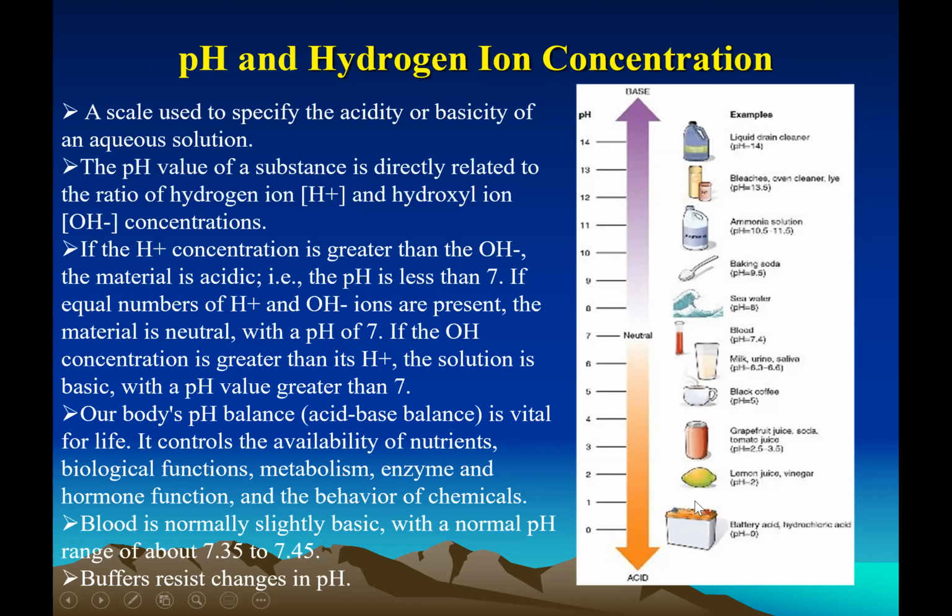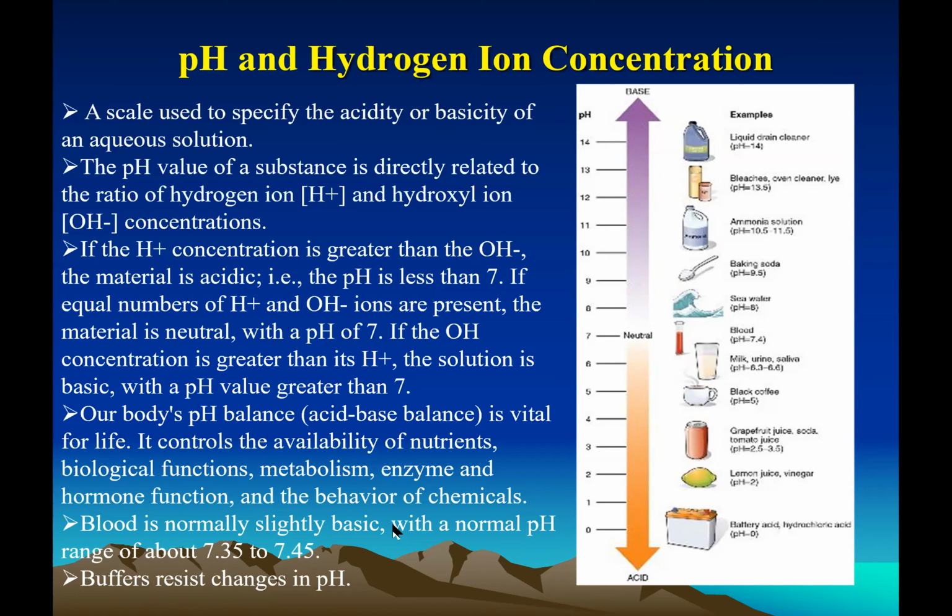So they are all acidic. The pH balance is very important for life because it controls the absorption of nutrients, the availability of nutrients. It is important for metabolism, for enzyme activity, hormone function.